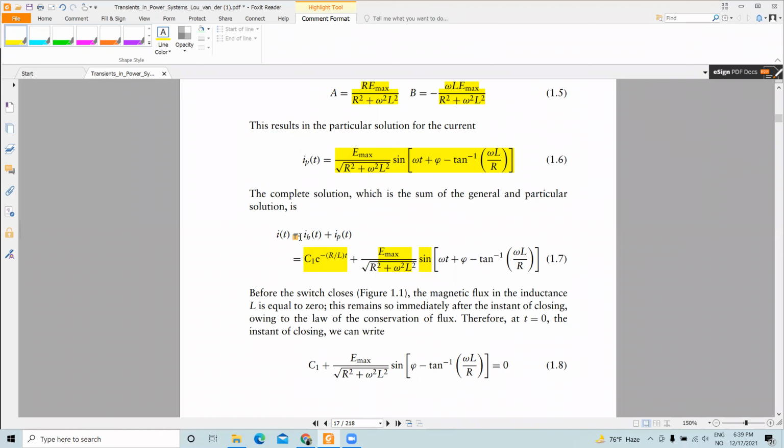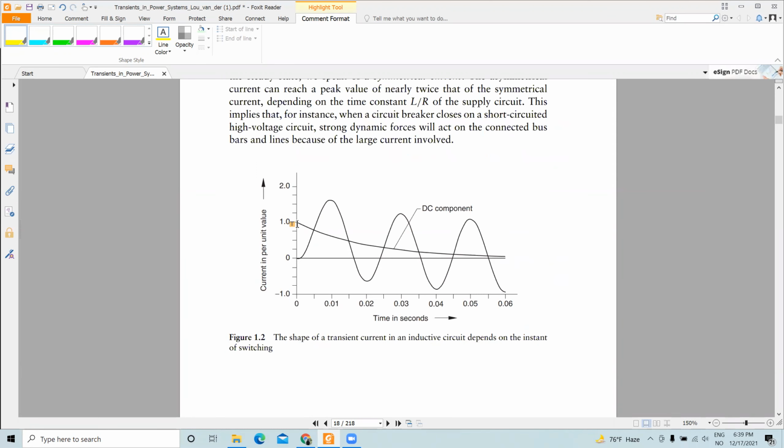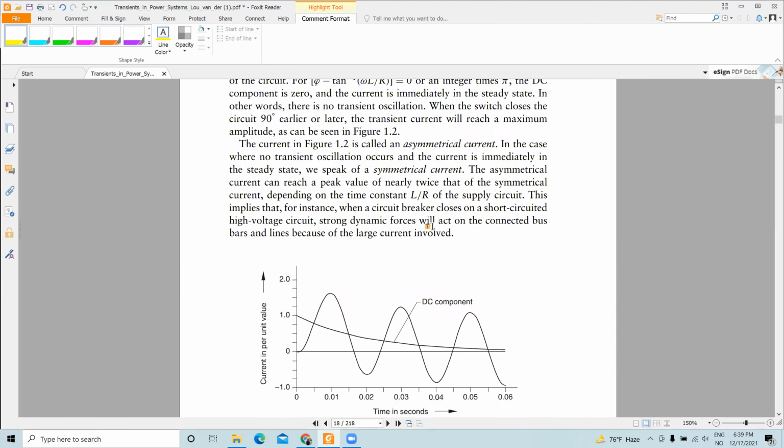So the overall current solution, the complete solution, will have a transient part here and a steady state part here. Okay, so as seen here, as the DC component decays down, you have only the steady state components.